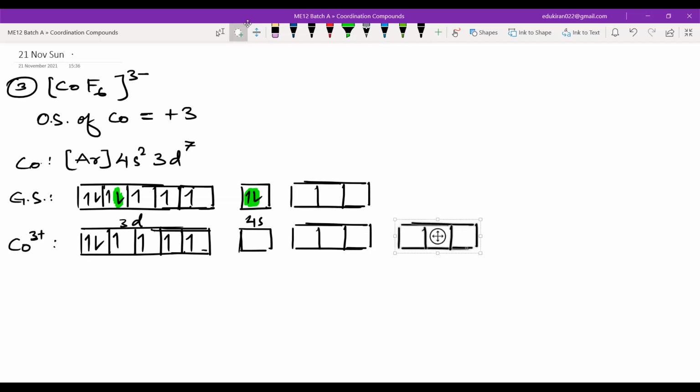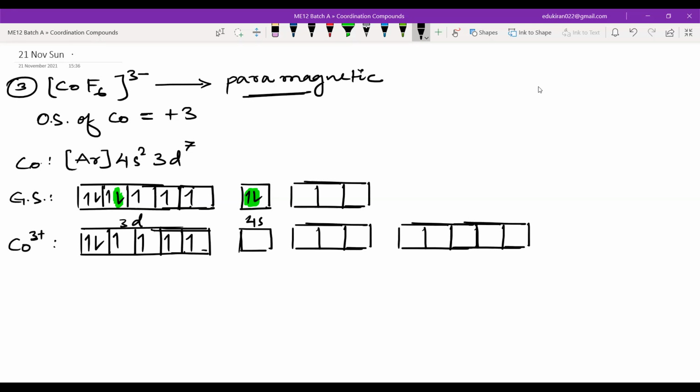Why do we need the 4d electrons? I will tell you. When we are done with Co3+, we look at the magnetic nature, and the magnetic nature can be measured. It is a paramagnetic substance.